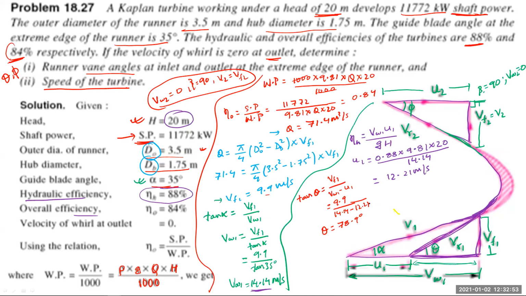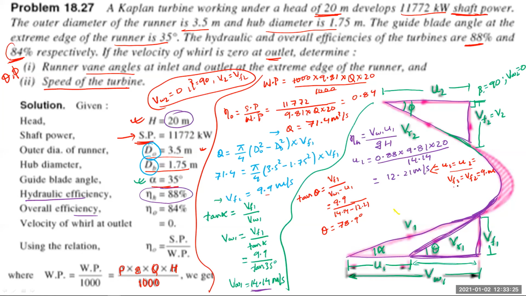We know that for the Kaplan turbine, there is one more case. In the previous slide, we have seen for the Kaplan turbine, U1 equals U2 equals the value we have obtained here, 12.21. Similarly, VF1 equals VF2 equals 9.9 meter per second.